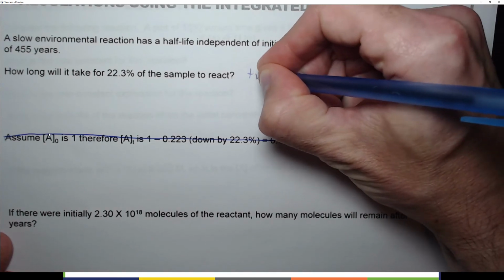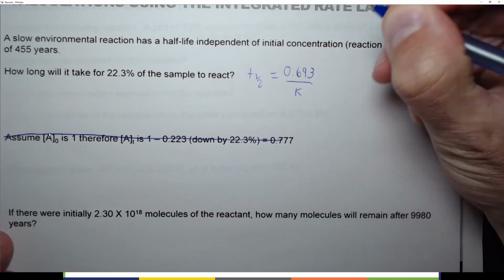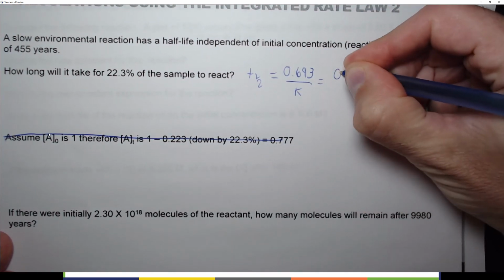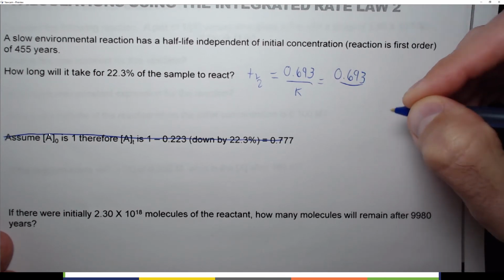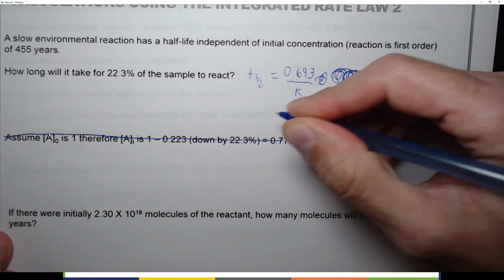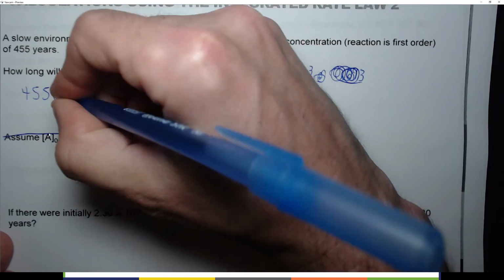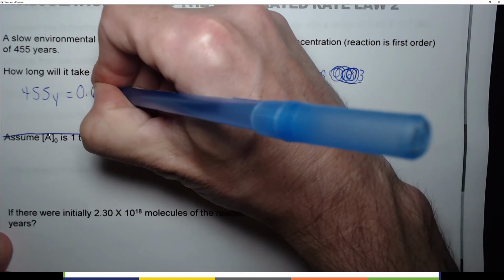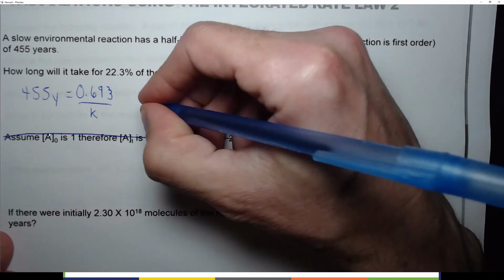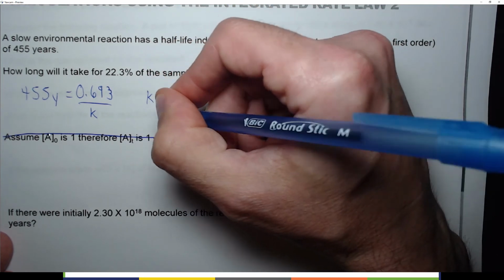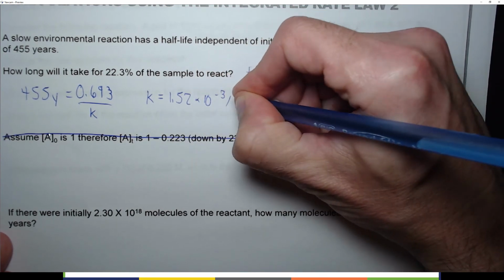So if you'll remember, for a first order reaction, T1/2 equals 0.693 over K. So it's going to be 455 years equals 0.693 divided by K. Cross multiply by K, divide by 455 years, and you're going to find that K is equal to 1.52 times 10 to the minus 3 per year.